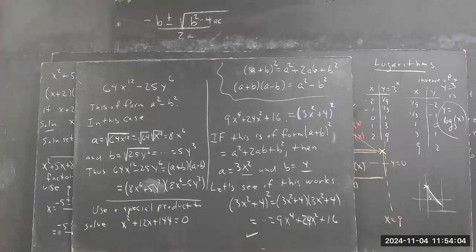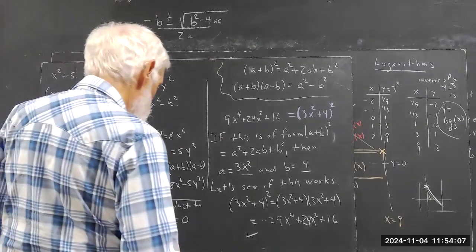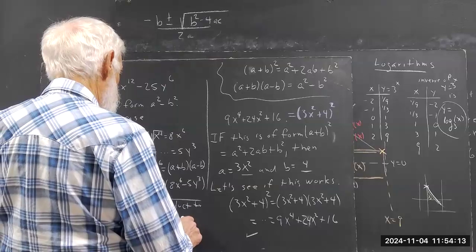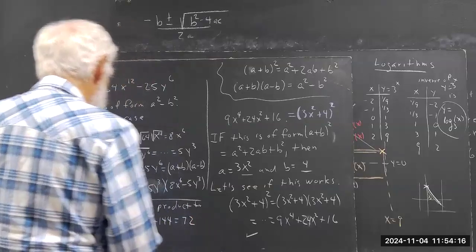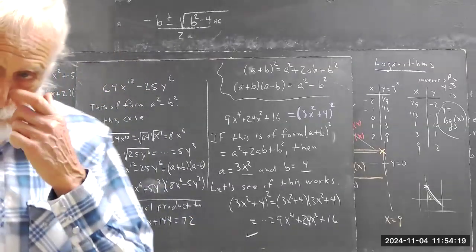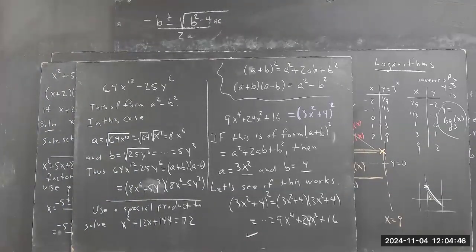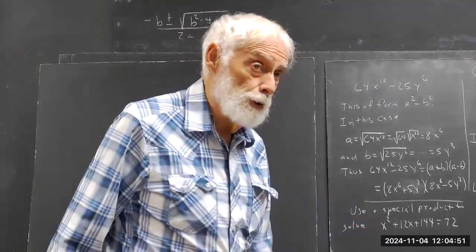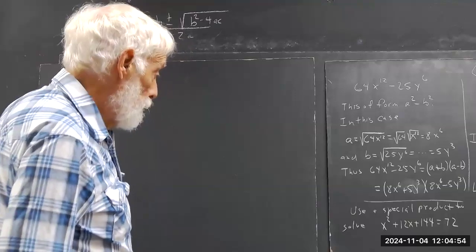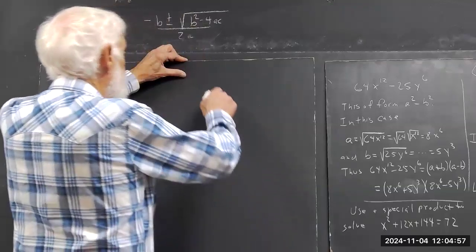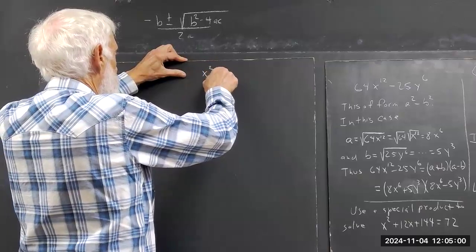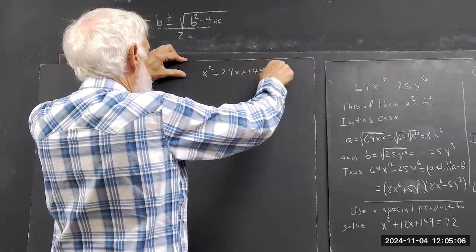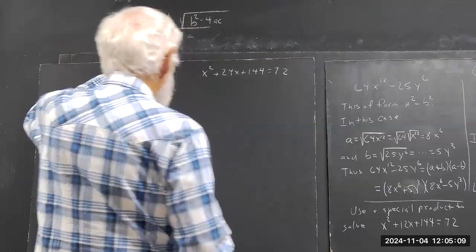And actually, it doesn't have to be equal to zero. We can use the zero property so much, I kind of just automatically wrote that down. Let's say equals 72. Okay, so what we're trying to do is use a special product to solve this equation. And well, the equation again is this.